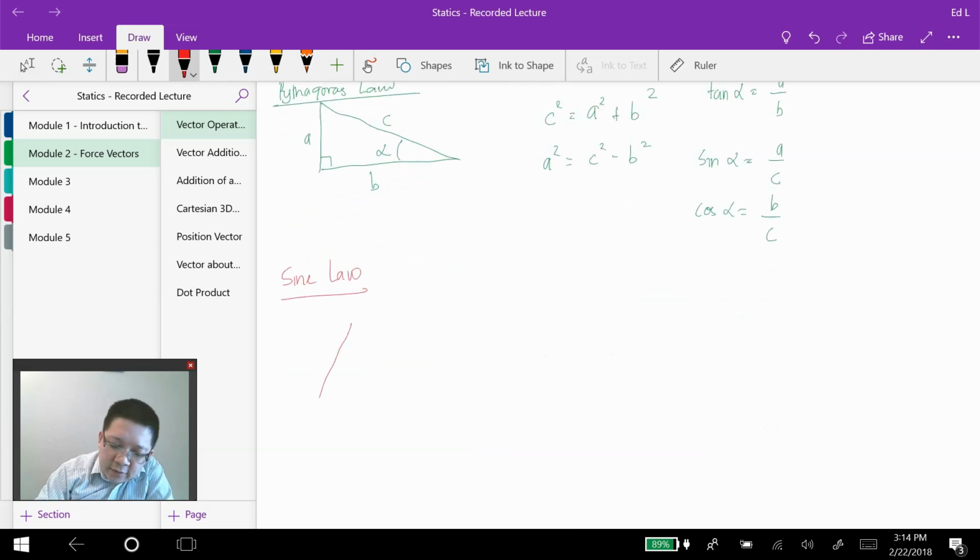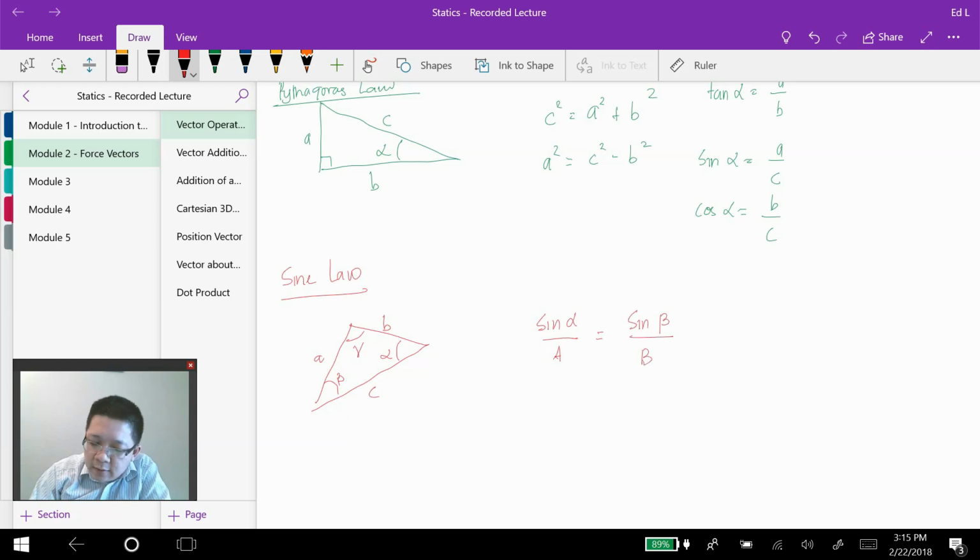If I have an arbitrary triangle, it doesn't have to be a right triangle, it can be any triangle, and I call the length of this side A, this side B, and this side C, and the angle right here alpha, the angle here beta, and the angle here gamma. The sine law tells us that sine alpha divided by A is equal to sine beta divided by B, which is equal to sine gamma divided by C. That's basically the sine law.